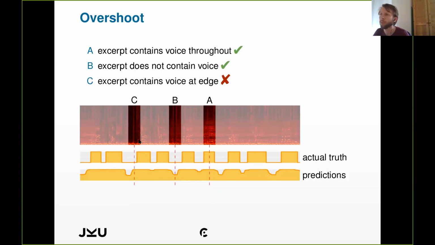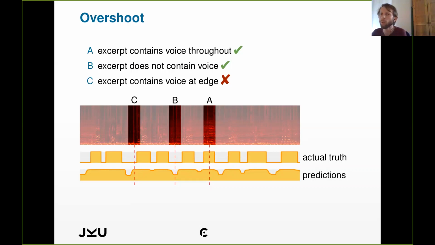If there is some singing voice somewhere on the edge, this is something that has never been presented as a negative example, because this can only happen in clips that have vocals. So that's why the network predicts something positive here. Basically it only learns to distinguish excerpts that contain singing voice from excerpts that do not contain singing voice. And I would like it to predict whether there's singing voice exactly at the center.